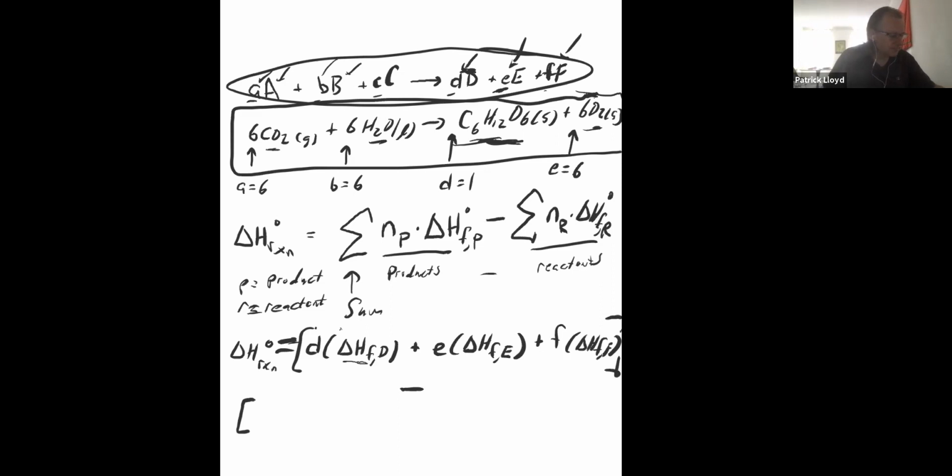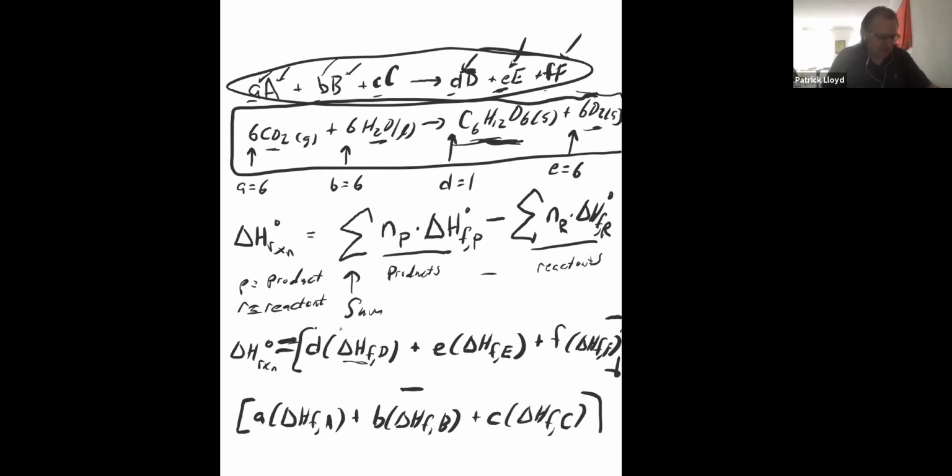So A times delta H of formation of A plus B times delta H of formation of B, that's the uppercase B, plus C times delta H of formation of C. Put that in brackets too, right?